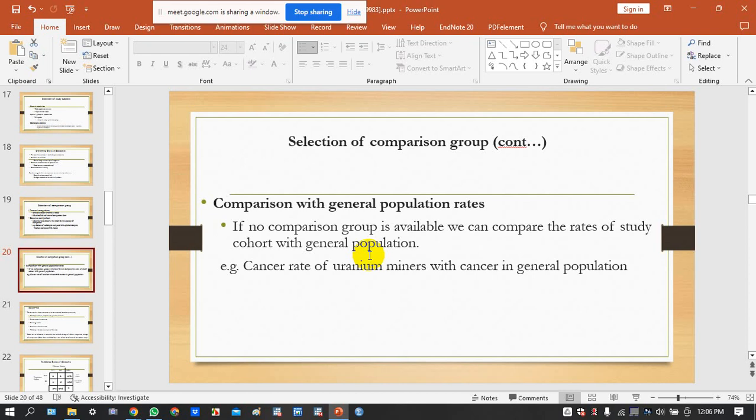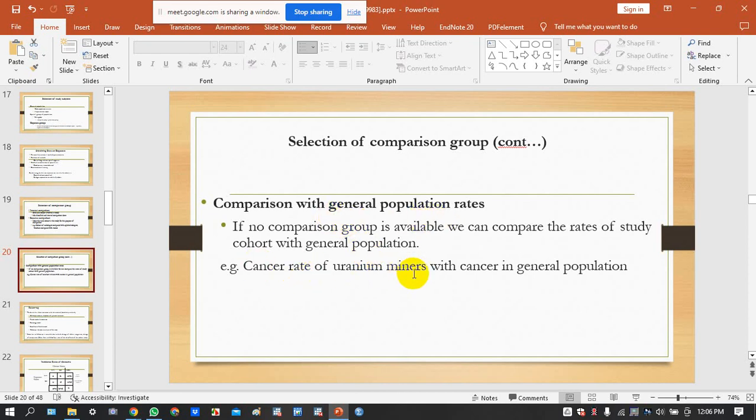Then you compare it with a study done by World Bank or World Health Organization on the prevalence of this thing. They did a study in the whole of Ghana. So what you did in the Upper East, you compare it with what was done in the whole of Ghana. That becomes comparison with the general population.